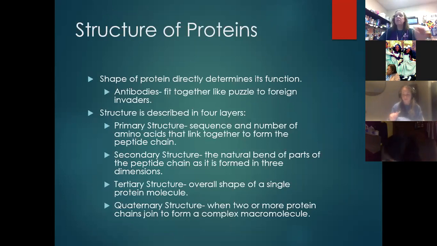We talked about the 4 layers of the structure. We had our primary structure, which is the amino acids chained together. The secondary is where we're looking for natural bends and kinks because it's much easier to fold and manipulate these proteins where there's already a bend. I think of this folding kind of like the cord that you have on your computer.